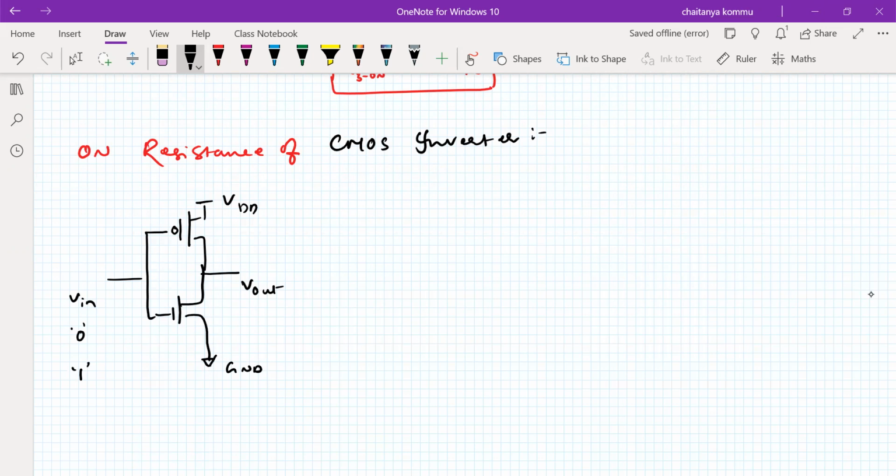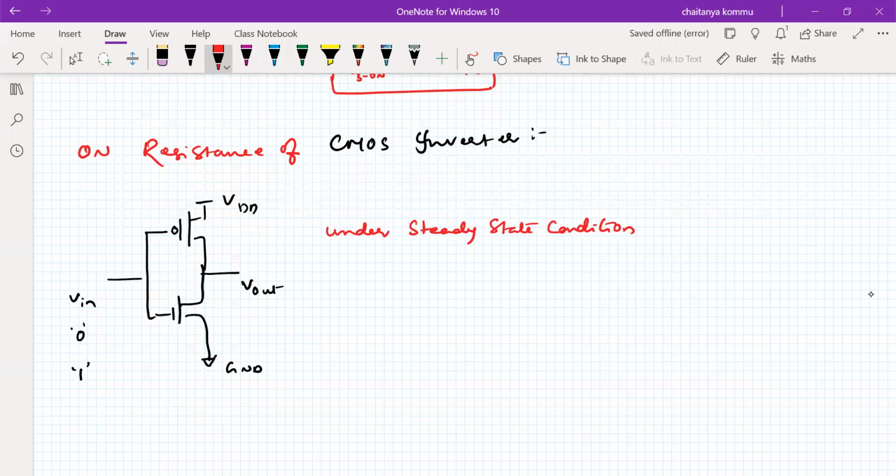So we know from the theory of CMOS inverters, under steady state condition, without changing the input voltage from 0 to 1 or 1 to 0, we keep 0 for a long duration, 1 for a long duration.